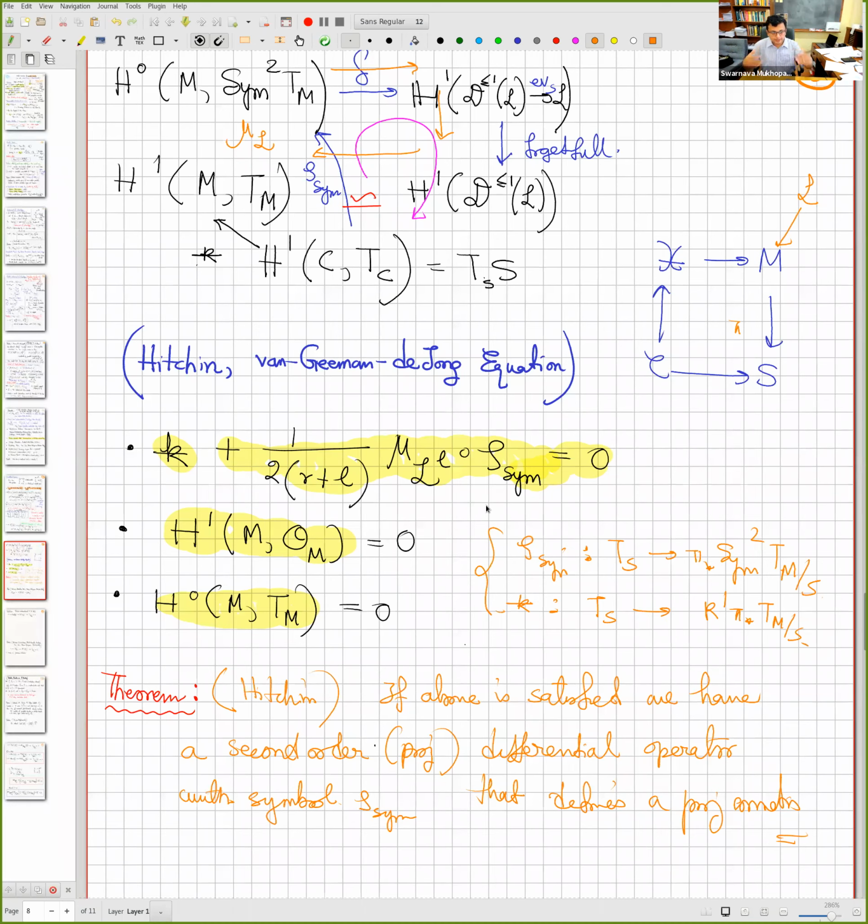Okay, so we will apply this general setup, but we need to work a little bit more. Let me briefly explain how Hitchin proved this equation.